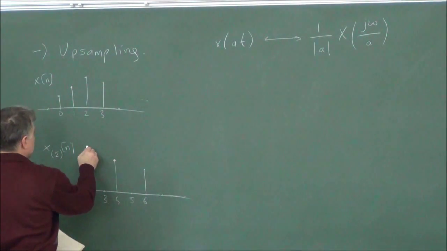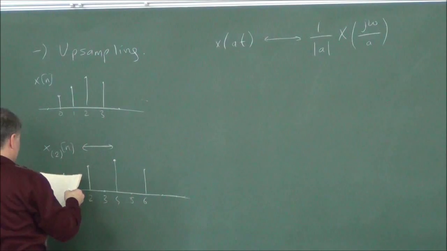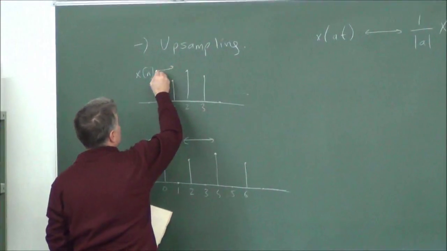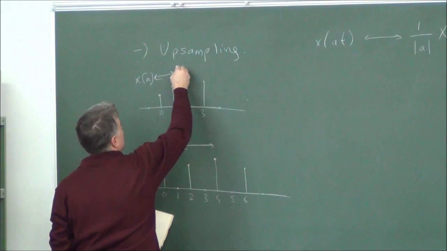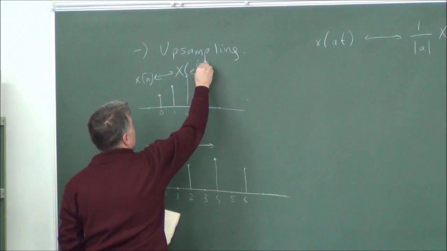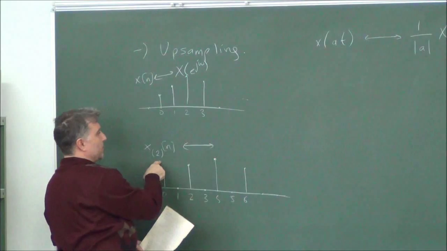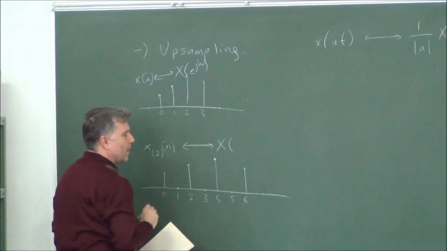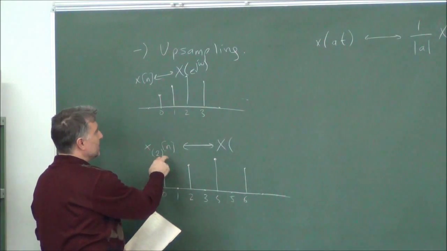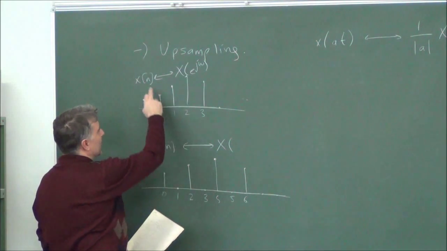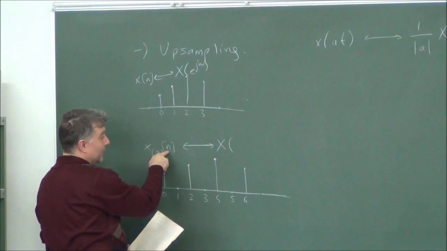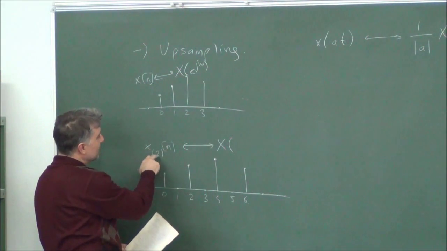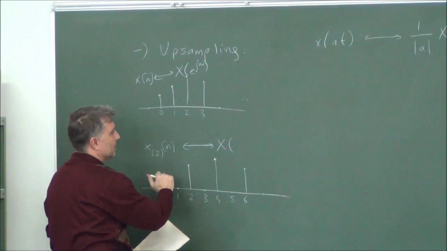This one, for example, will have the Fourier transform. If the Fourier transform of the original is X of e to the j omega, then the Fourier transform of this one will be X of what? Are we dividing n by 2, or are we multiplying n by 2? This x sub 2 of n is what?